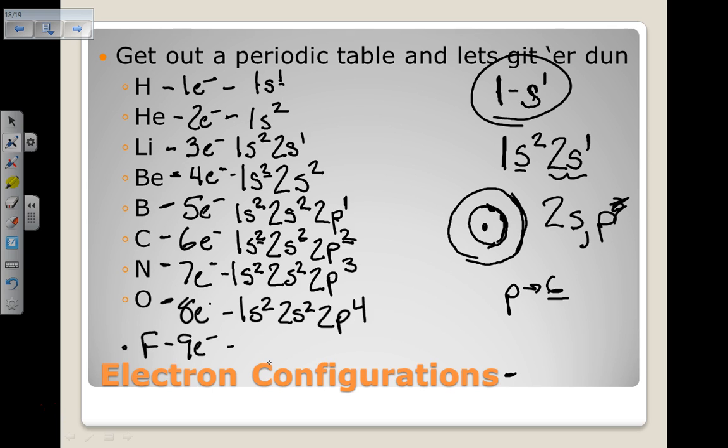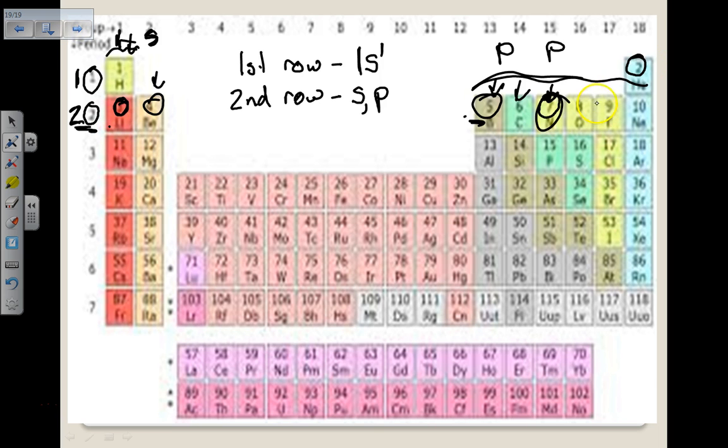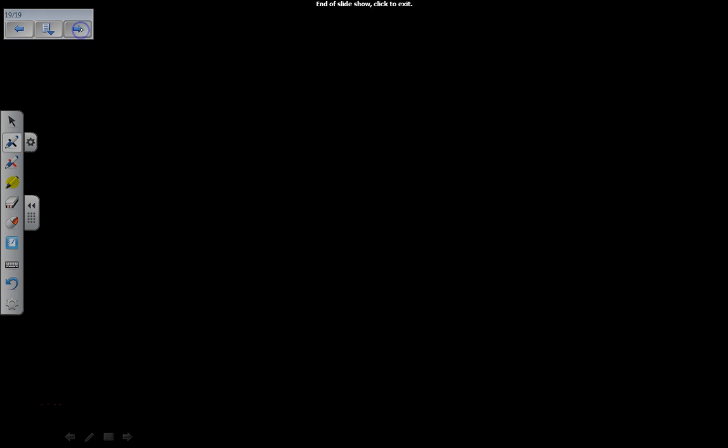Maybe pause the video, come up with an idea here. Okay, let's see. So 1s2, 2s2, 2p5. Conveniently, notice that fluorine here with 9 electrons is, let's see, 2p 1, 2, 3, 4, 5. It's the 5th one over on the periodic table.